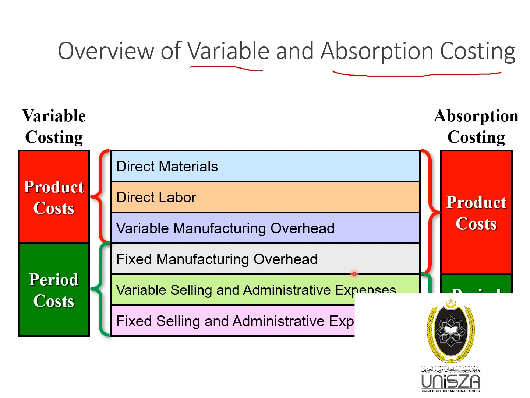But under the absorption costing, the period cost only includes these two items, the variable selling and the fixed selling and administrative expenses. That's what makes the absorption and variable costing differ. So you must remember the differences in the costs under the variable costing and under the absorption costing.